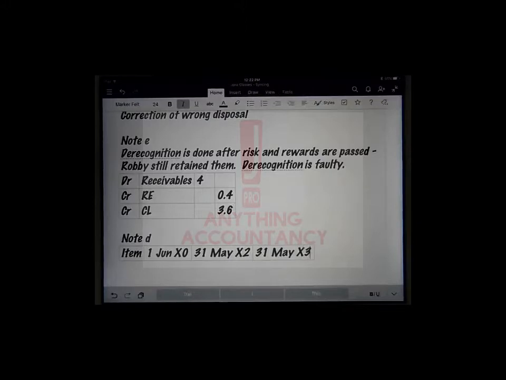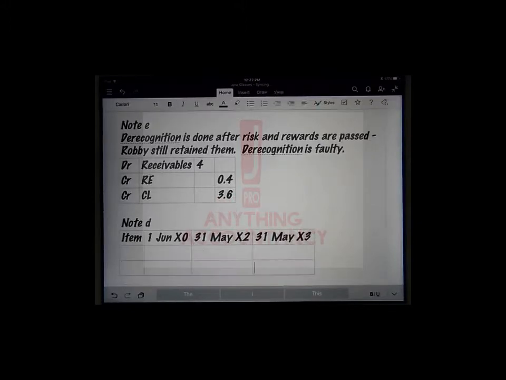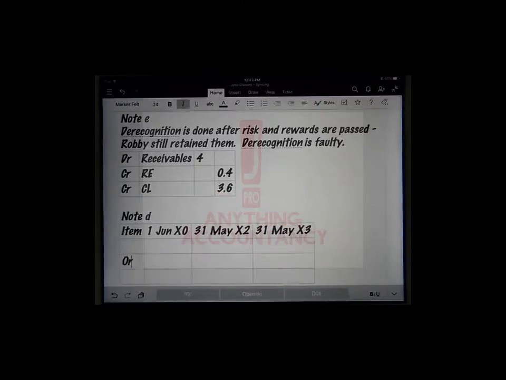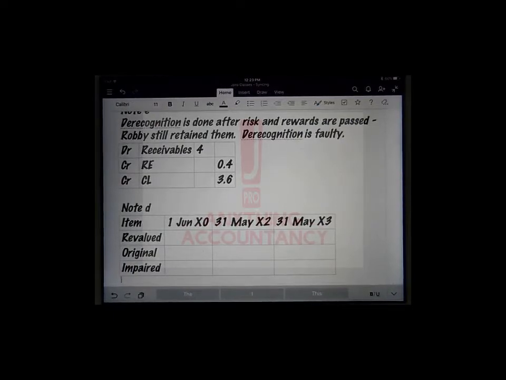Yes, no? Okay, you remember this diagram? Calculate the original value first.